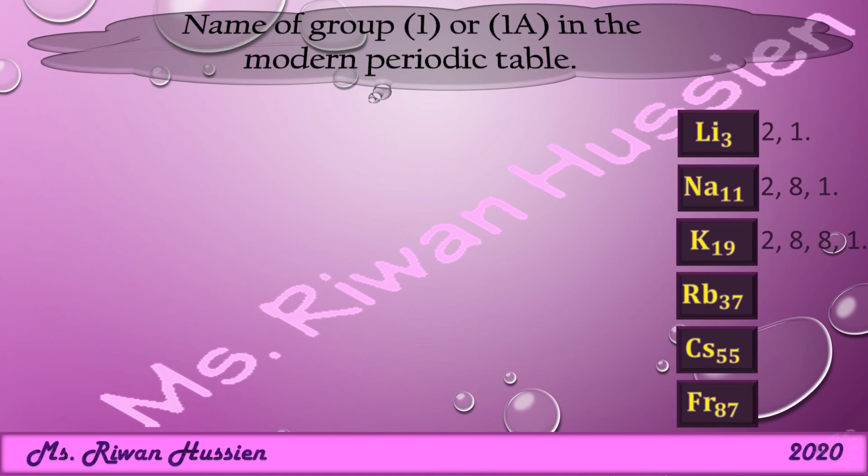And as we've studied in Lesson 1, all elements in the same group have the same number of electrons in the outermost energy level. So, all the elements of Group 1A have 1 electron in the outermost energy level. Therefore, elements of Group 1A are considered metals.